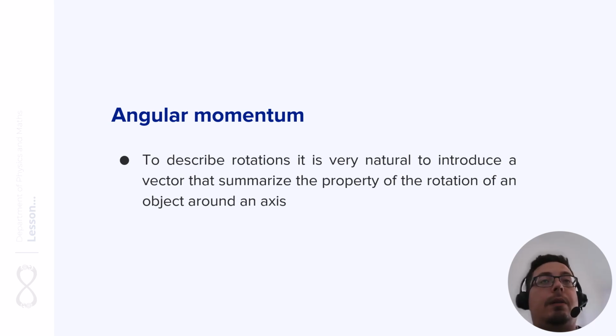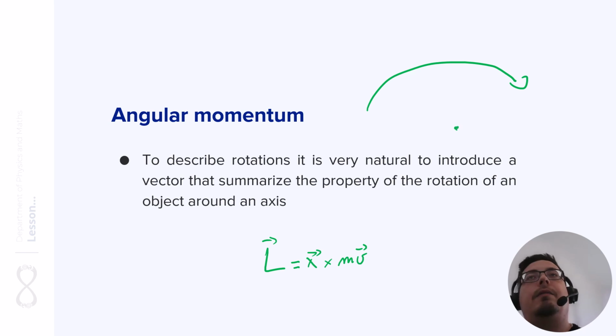Angular momentum is x times momentum v. These are maybe things that we will look at in more detail in the future, but if you have a particle that is rotating around a fixed point P, and the particle M has a velocity v, you can define the position x with respect to the point P, and then of course you can define x times v in a way that this will be pointing up from the plane.